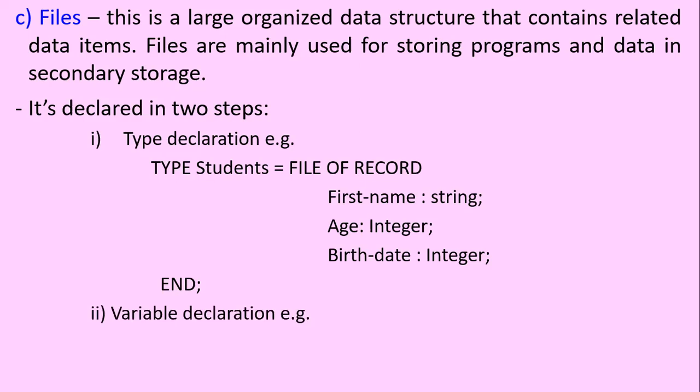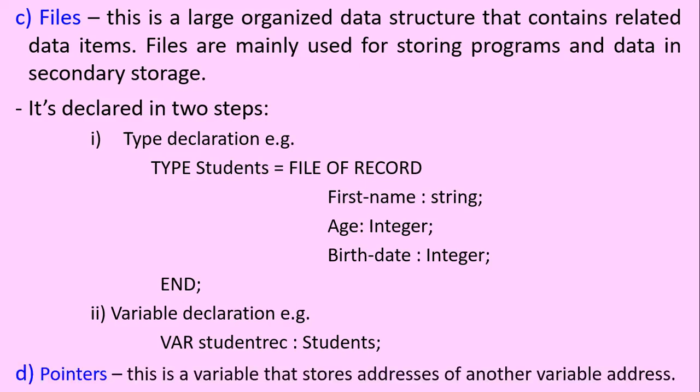From there, we have the variable declaration of that type. In this case, my variable is student rec, and it is of type students. And remember that students is the name of the definition that I have for my file.